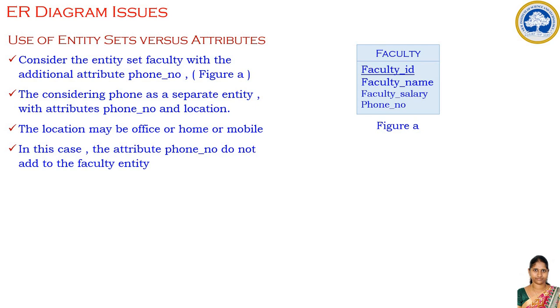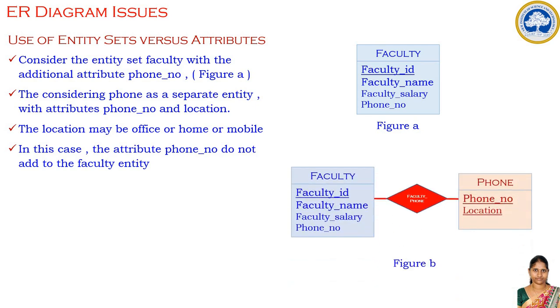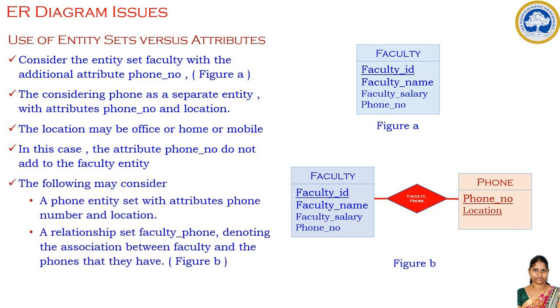So what may be a solution? We need to maintain the phone as a separate entity, and then we have to make a relationship between the faculty and phone. That is shown in figure B.